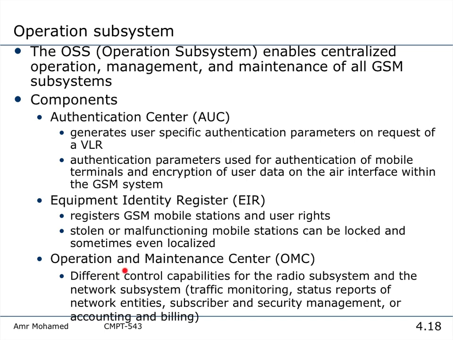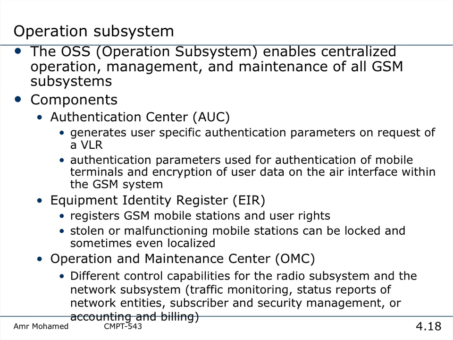And there is the operation and maintenance center, and it performs different control capabilities, including traffic monitoring. So this is the one that maintains traffic policies. What do I mean by traffic policies? For example, a mobile station now performs not only a voice call, it performs data transmission. In data transmission, if you have one channel, then on average you have, I don't know, like 4.6 kilobits per second.